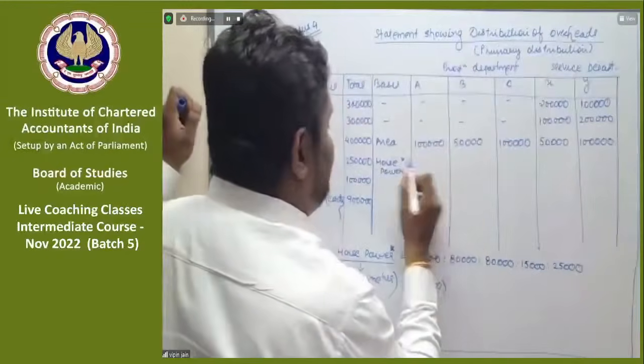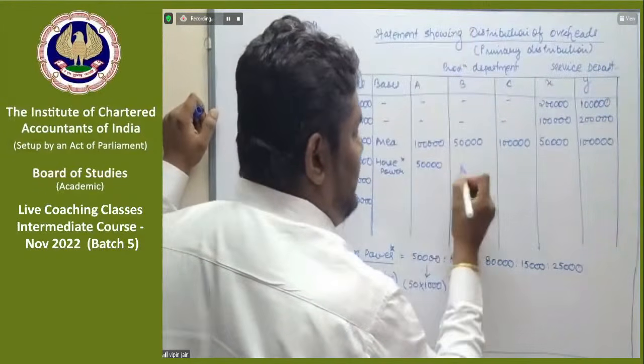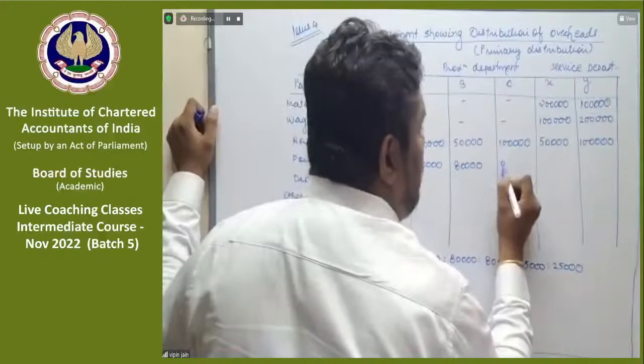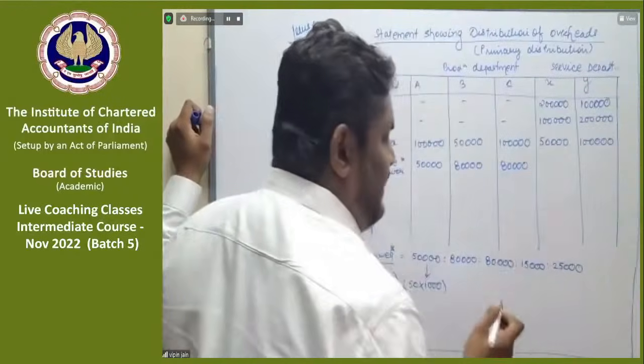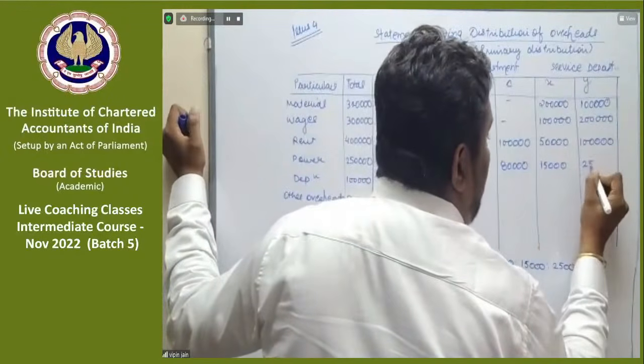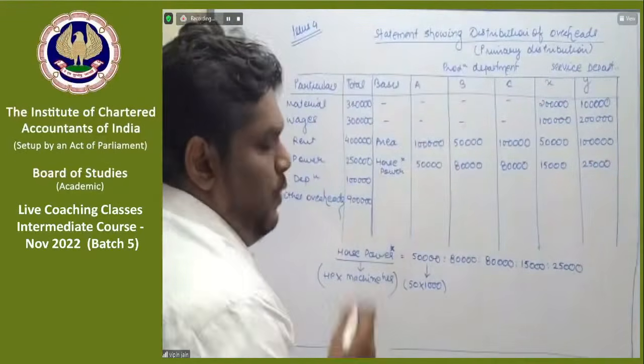So the total overheads are 2,50,000. They will be distributed as 50,000, 80,000, 80,000, 15,000, and 25,000. Now depreciation, very simple, guys.